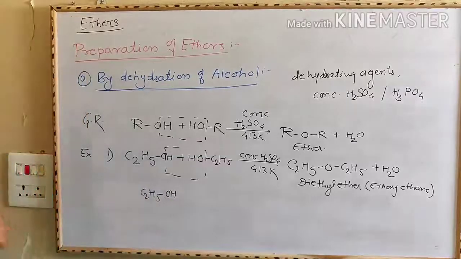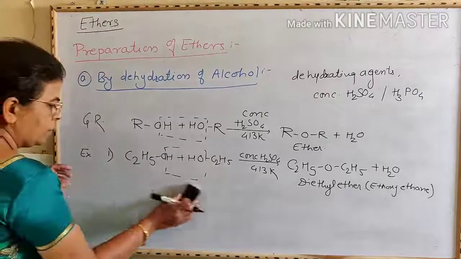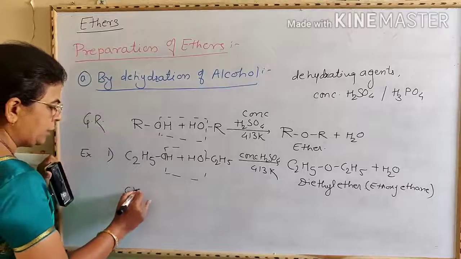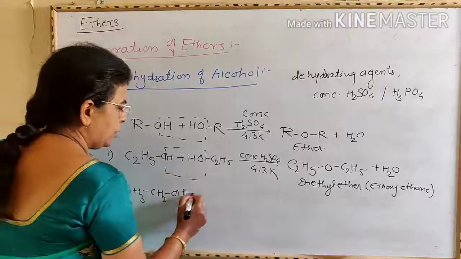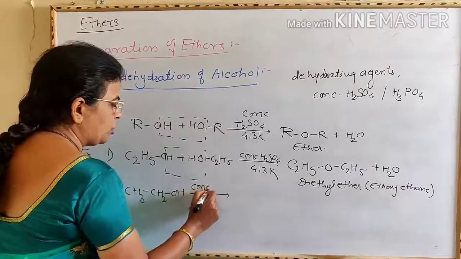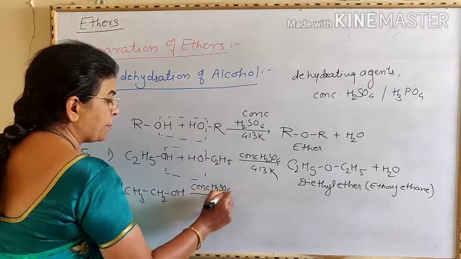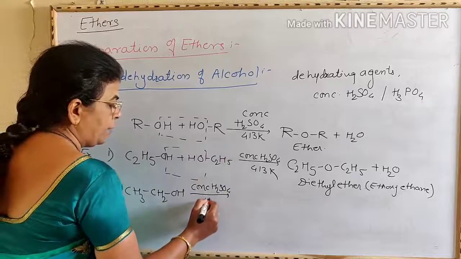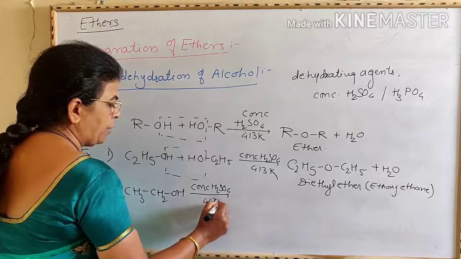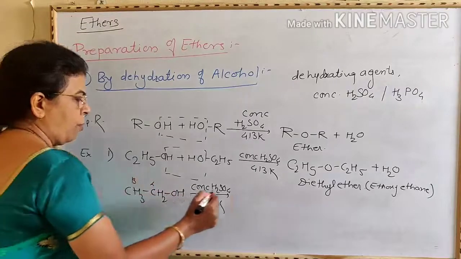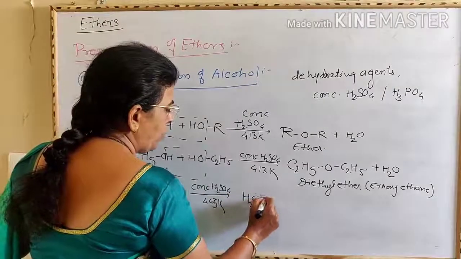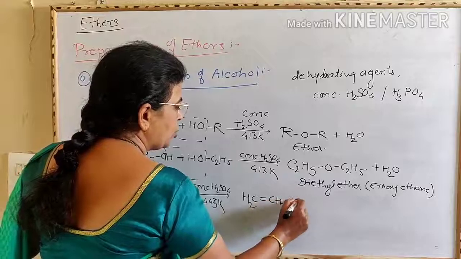C2H5OH, CH3CH2OH. When it is treated with concentrated H2SO4 at 443 Kelvin temperature, then it undergoes alpha beta elimination to form CH2=CH2 plus H2O.